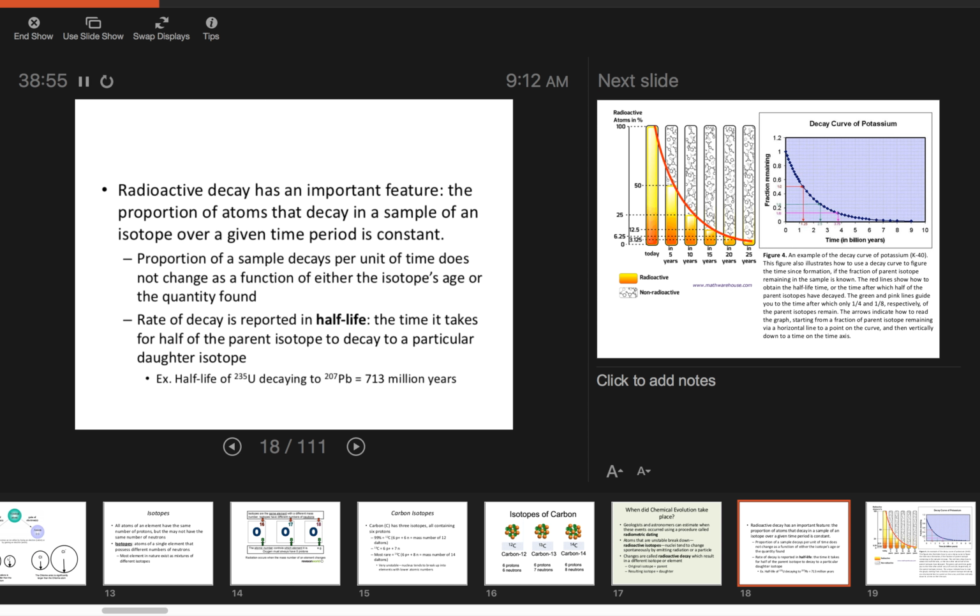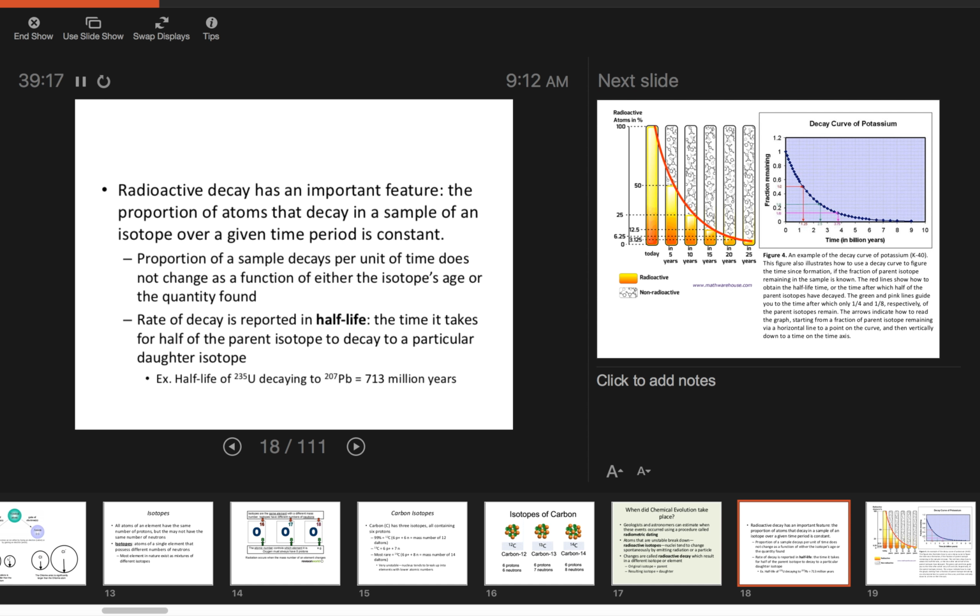And a good thing about radiometric decay is it's kind of like a clock. You can work backwards and figure out how many half-lives have passed, which is the time it takes from the parent to decay to the daughter isotope, and give you an approximation of how old whatever you're looking at is.